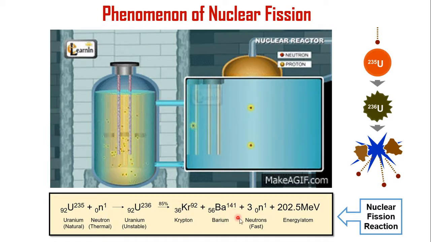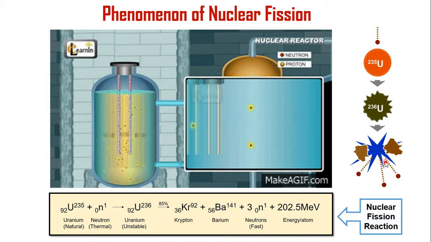In addition to these two, three more neutrons are released, and one of the main things here is that enormous energy is developed in the form of heat, nearly 202.5 mega electron volt. This is only for one atom. Like this, there are several atoms, so that is why enormous heat is developed.